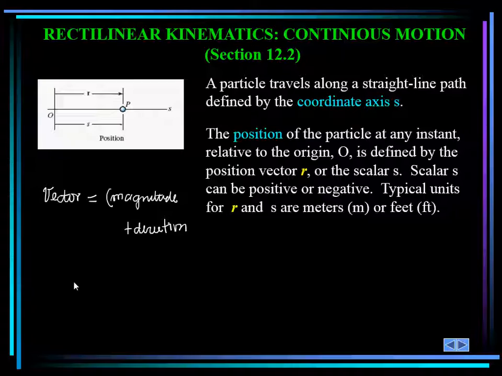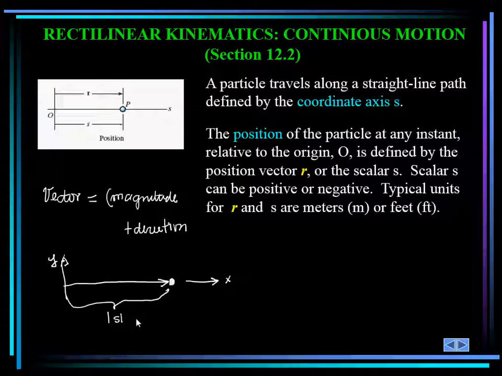So if we put a reference point and say the particle is over here with respect to the origin, the author uses s, but if we use x and y, then the measure from here to here is the magnitude.